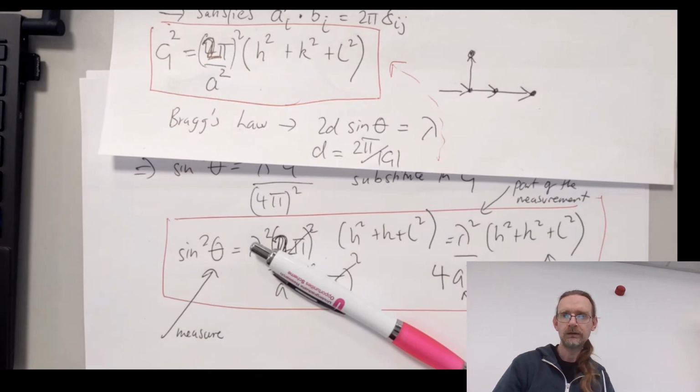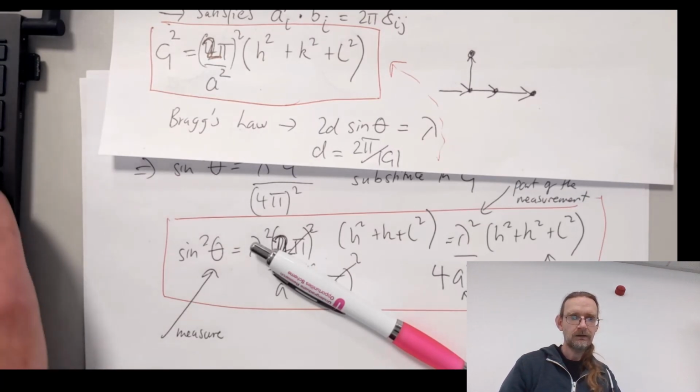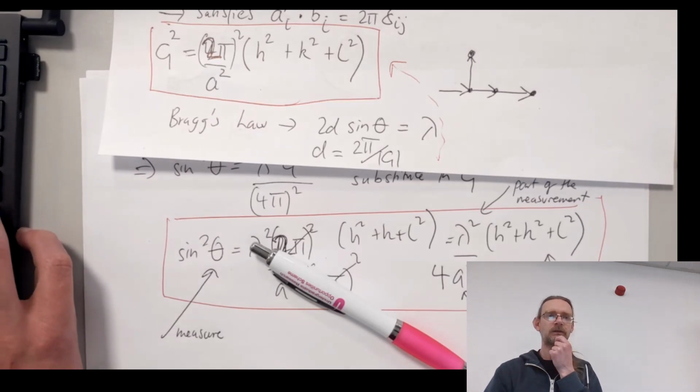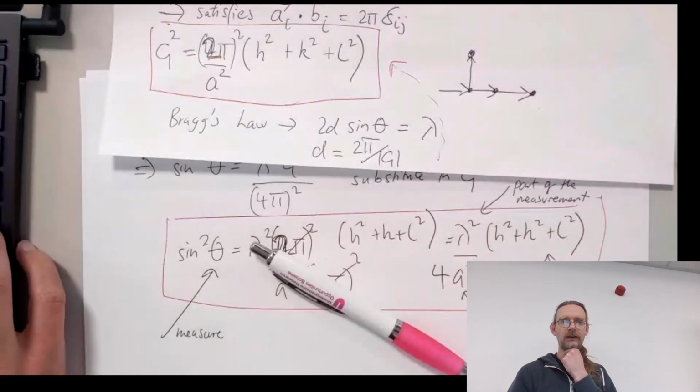I can't zoom in on Excel. I've converted this angle in degrees into radians and then taken the sine of it.